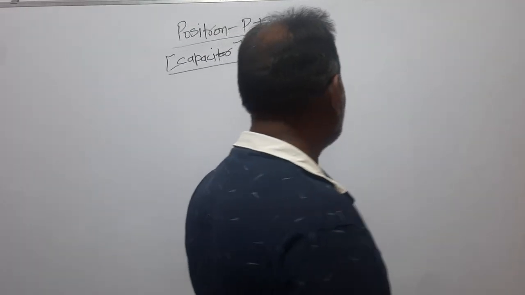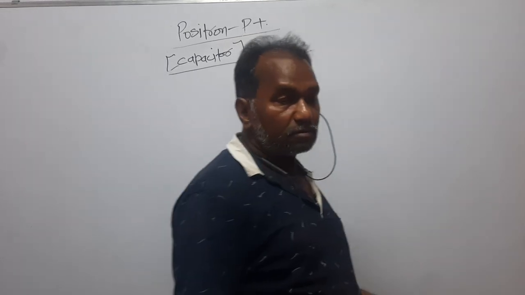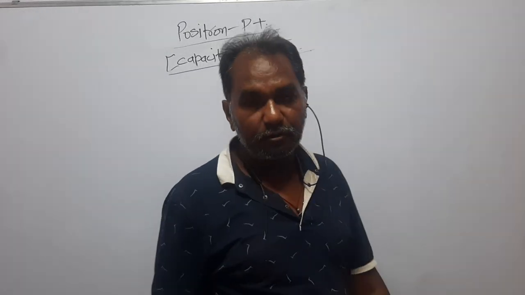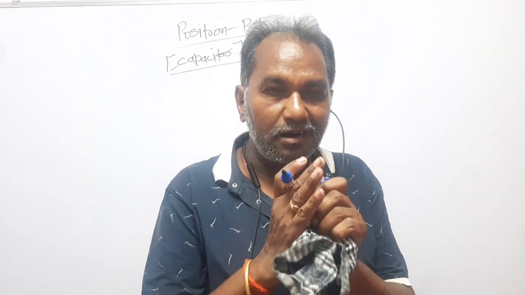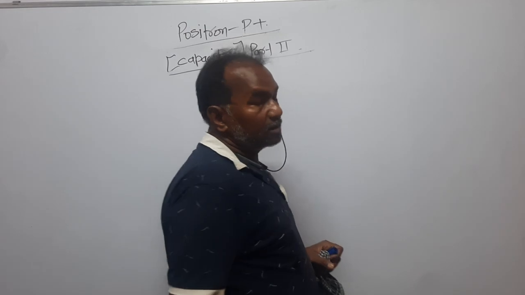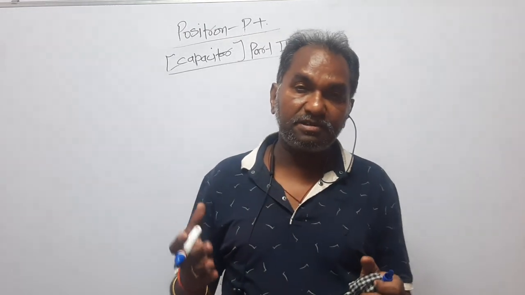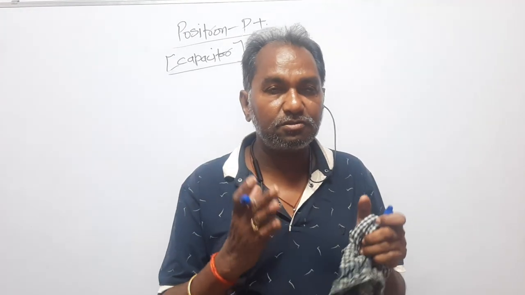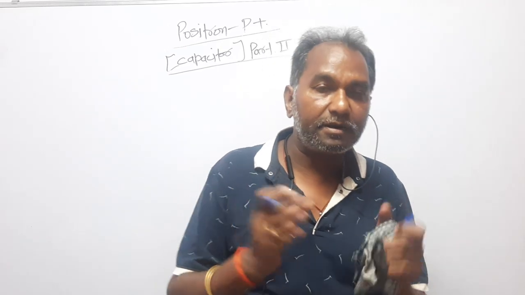Dear students, while discussing the capacitor, I tried to make an analogy between mechanics, electricity, and magnetism. I said that basically the capacitor is a device which stores energy in electrical form.